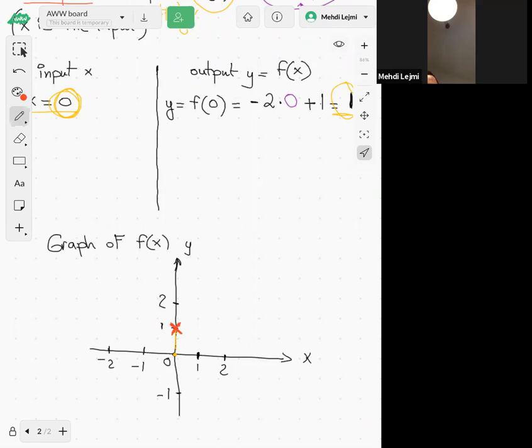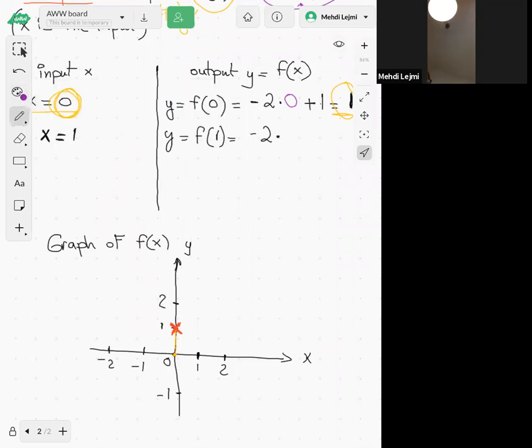Now let's just take another value of x. And again, I'm just taking random values of x. There's no special values. So let's say x is 1. I'm going to compute my output y, which is f of 1. And again, all I have to do is substitute x by 1.